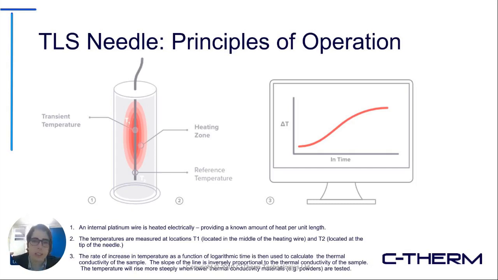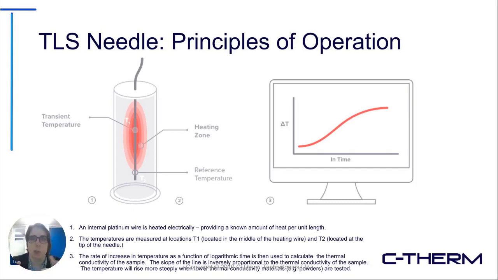Then at the end of the needle you place your second thermocouple junction, and you monitor the temperature difference between those two junctions as a function of time. When you express the temperature change as a function of the natural logarithm of time, you'll see a region which is nonlinear at the beginning, allowing the power flow out of the line source heater to stabilize, and the contact resistance effects to stabilize. Then you'll get to a linear section, and this is the section that you actually analyze.